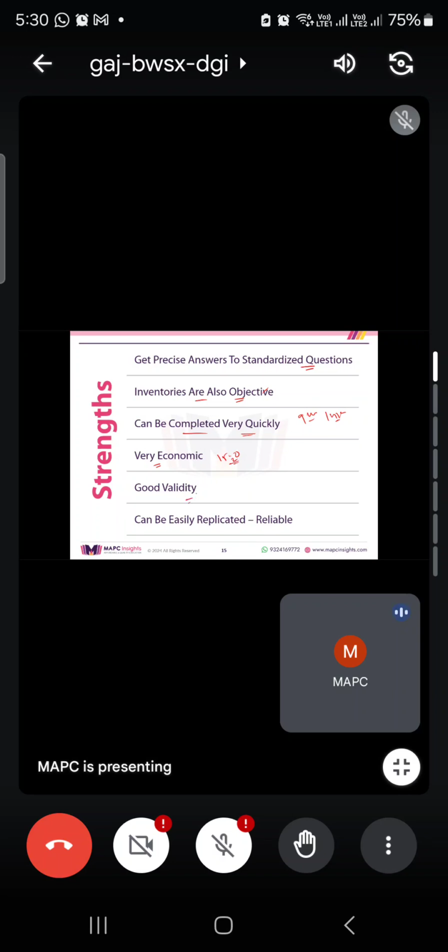It has good validity, and you can always replicate this, which means this method is reliable. So this method is reliable, valid, economical, and you can do it very fast. These are all the benefits, the strengths of the self report inventory.